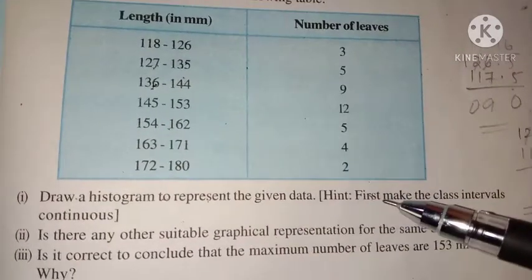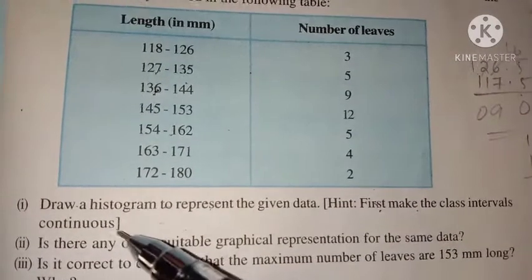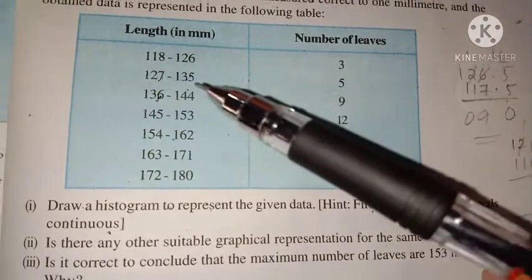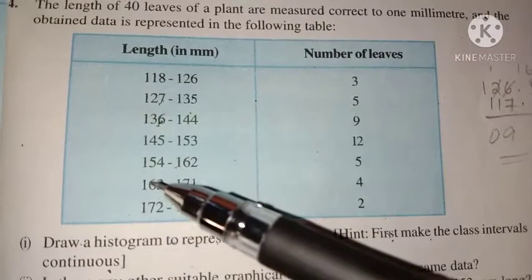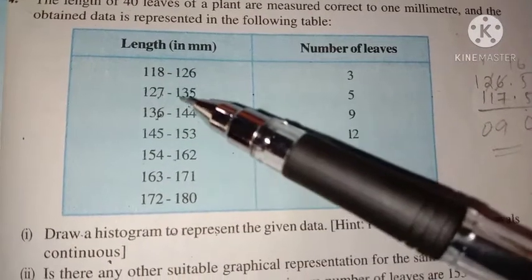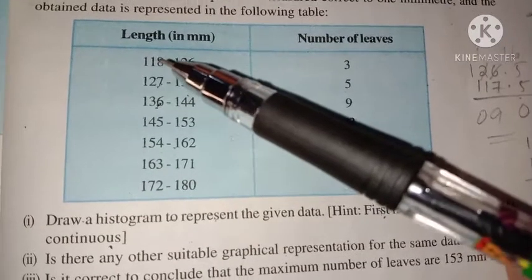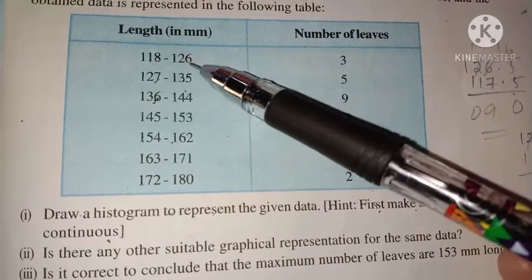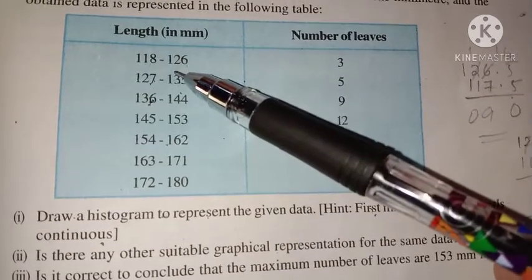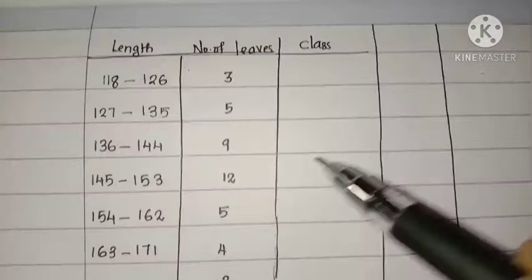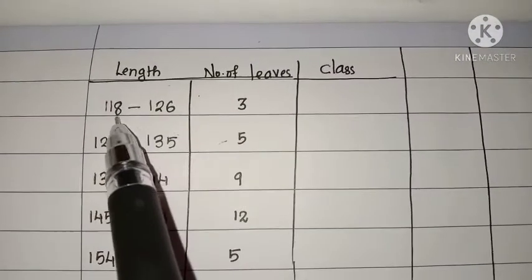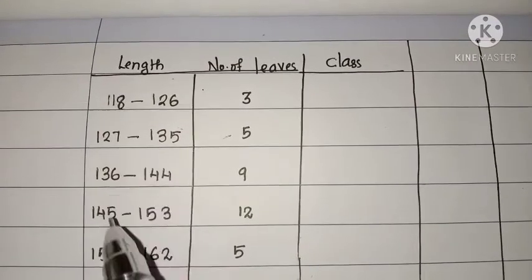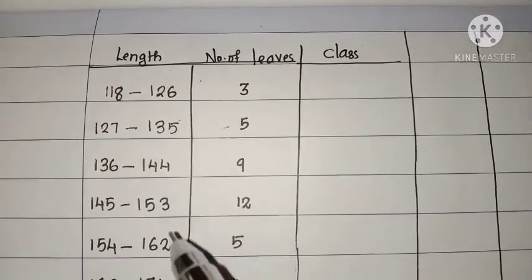So listen, first we have to make the class intervals as continuous. Okay. And we know how to convert the given class into continuous class interval form. How? Yes, subtract 0.5 from lower limit and add 0.5 to the upper limit. Okay. So listen, we are going to subtract and add 0.5. So subtract from lower limits, add to upper limits.